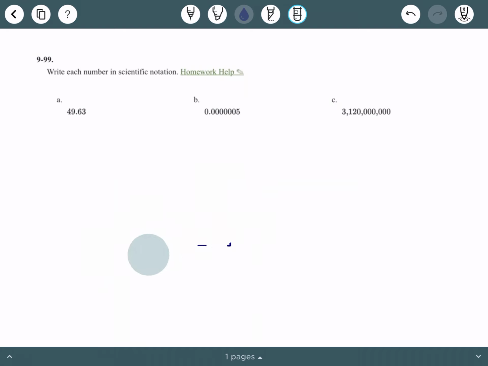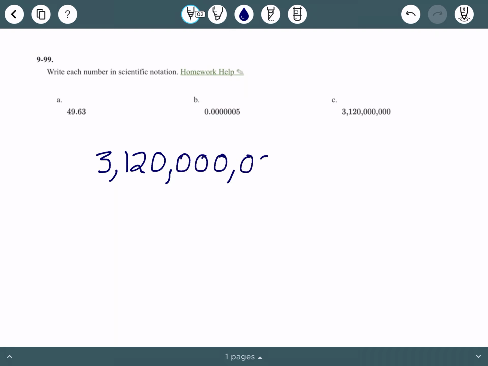All right, finally, let's have a look at C. For C, they give us the number 3,120,000,000. Well, I don't have a decimal. So where do I put my decimal? If you're not given a decimal, remember the decimal always comes at the end.